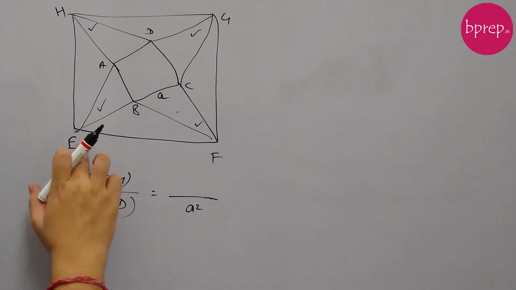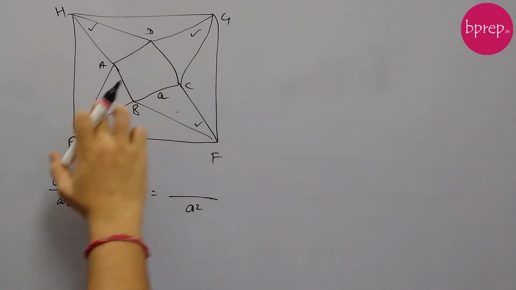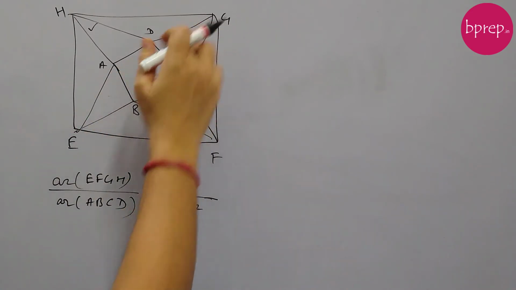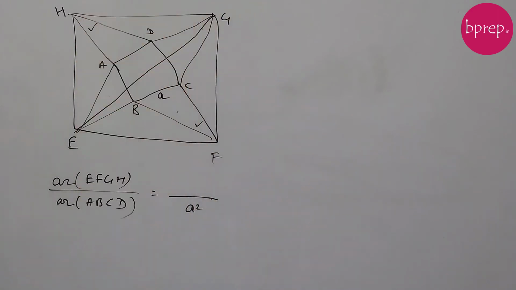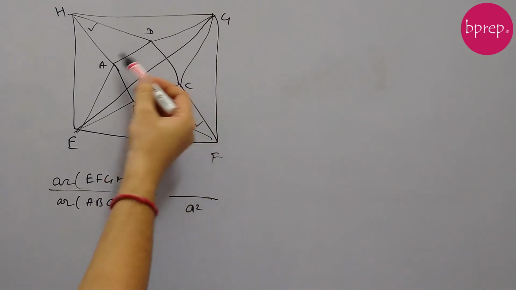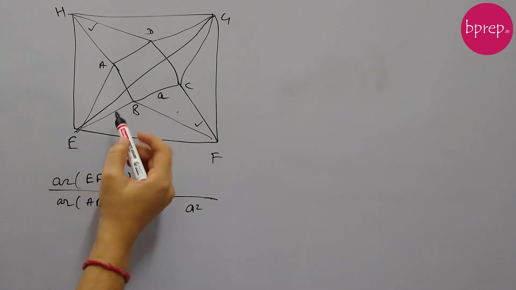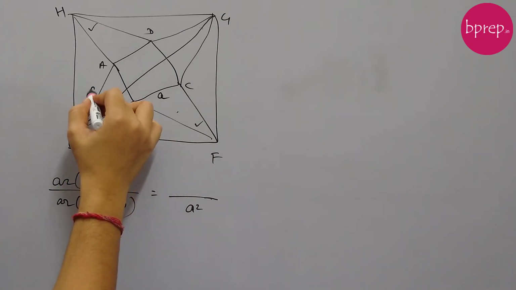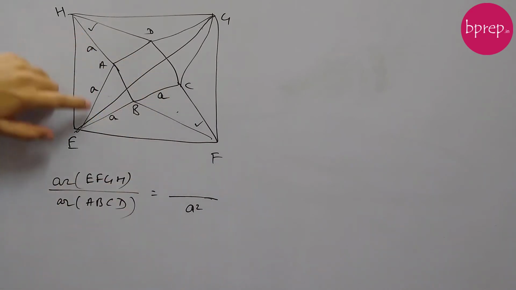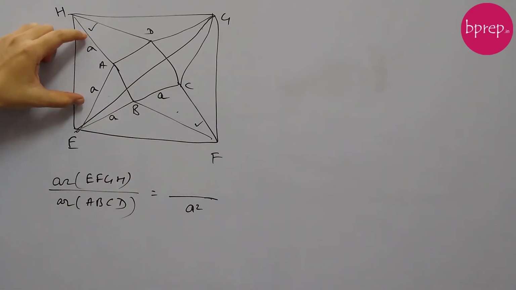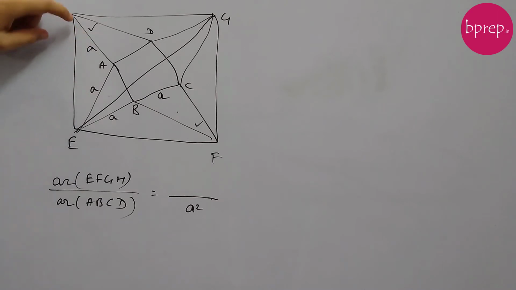If we join the diagonal EG, okay, let's join the diagonal EG. Then because this entire figure is symmetrical, if this side is A, all sides will be A, and then this will also be A, this will also be A, and AH will also be A, and these two will be isosceles triangles because these two sides are the same.